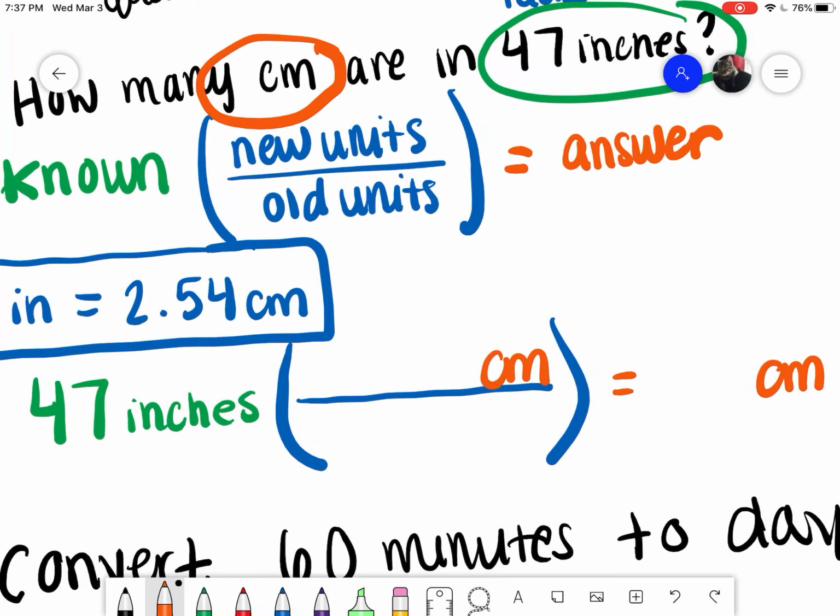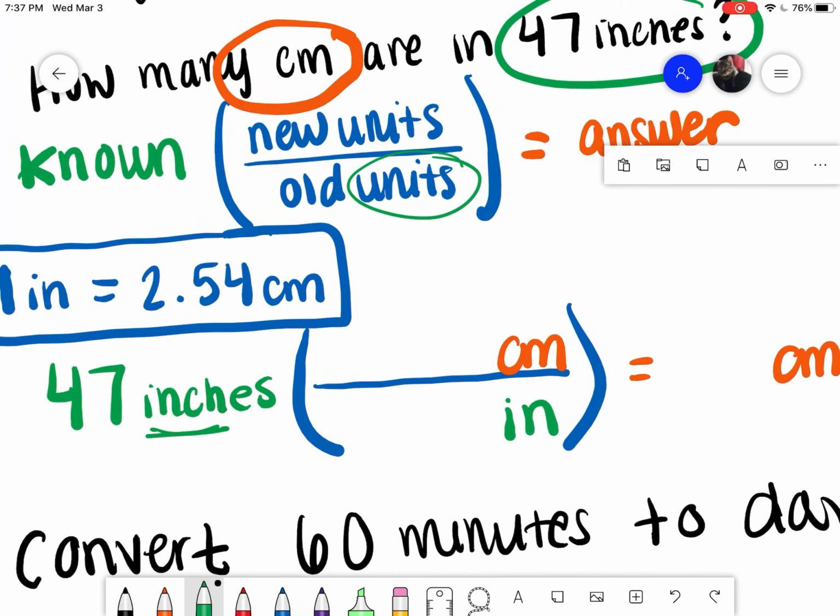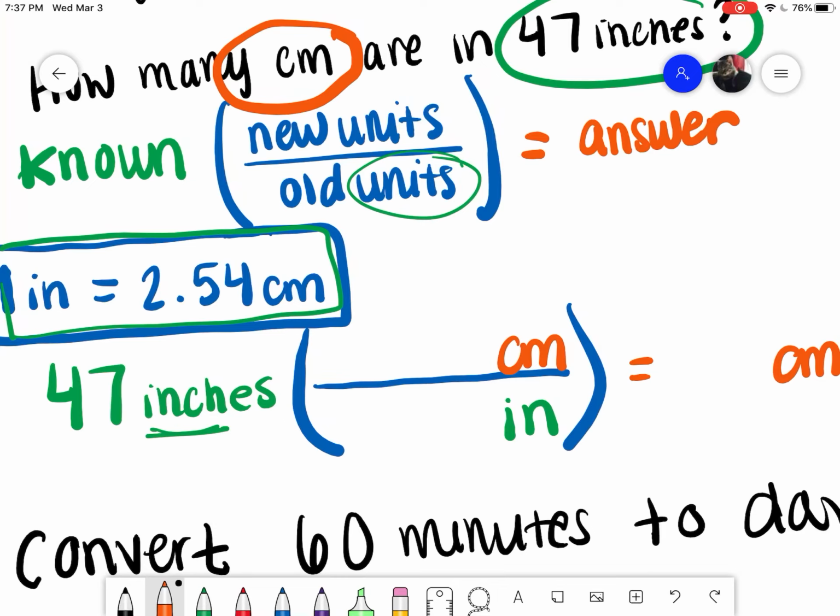And because our old units are going to be the same as our known, what they originally gave us to start with, our known is inches, we're going to put inches on the bottom. So now that we know what unit goes where, we can put in the numbers. We're going to use the numbers they gave us in the conversion factor. For centimeters, it's 2.54. And for inches, it is 1.